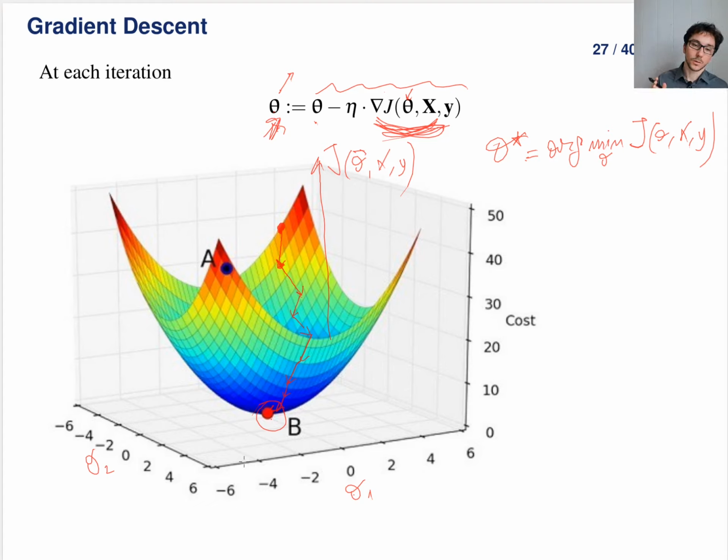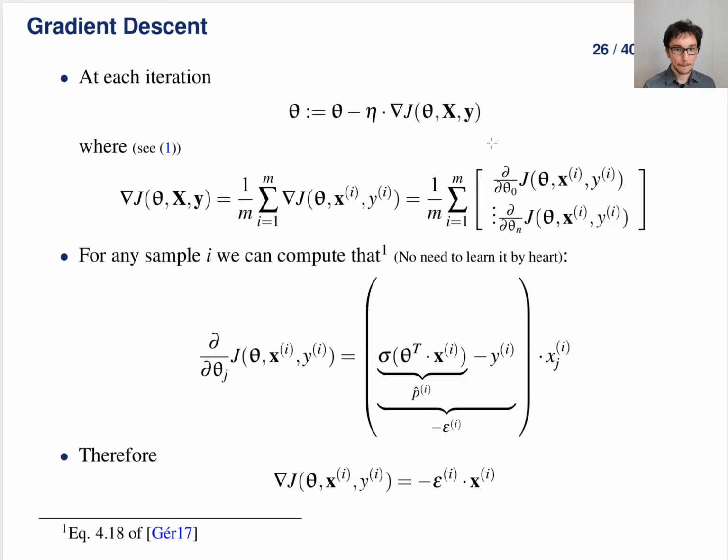So in logistic regression, we are sure that by simply applying gradient descent, we can easily get this optimal parameter, which minimizes the log loss. I will skip the mathematics.